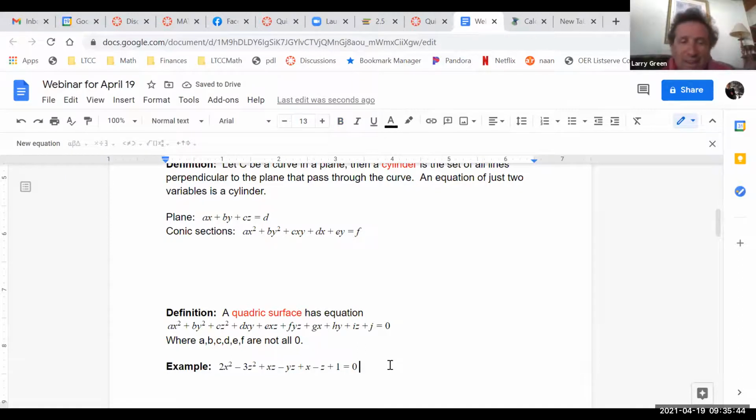Okay, so now comes an interesting question. This definitely fits the bill. Hopefully you know how to identify something as being a quadric surface. Here's a question that, good luck on, without technology. What do you think it looks like? Any thoughts?